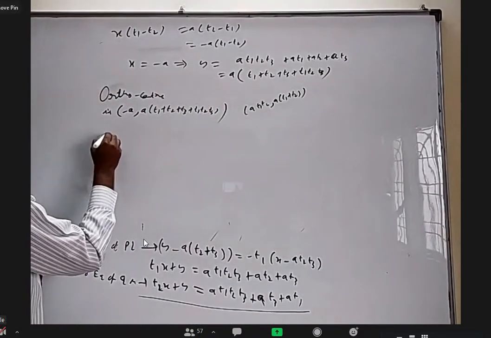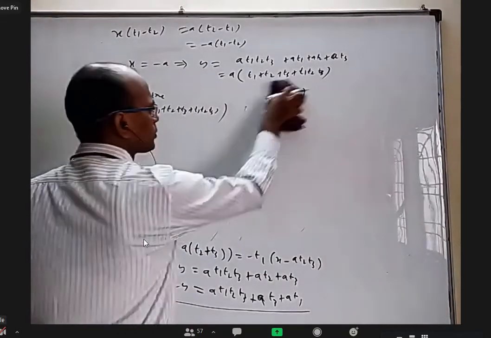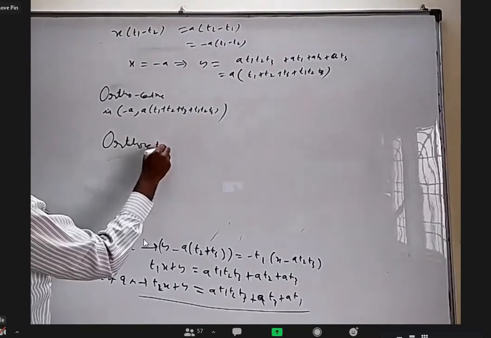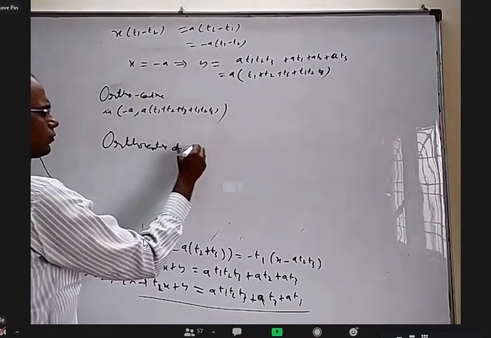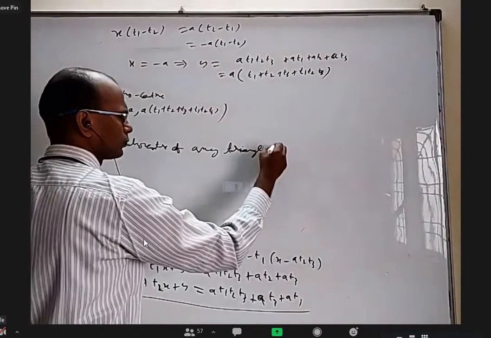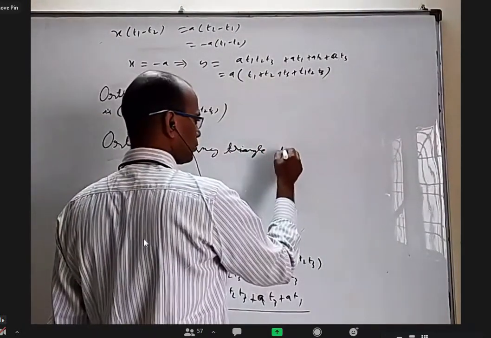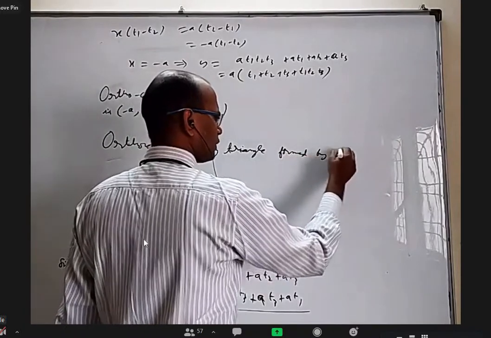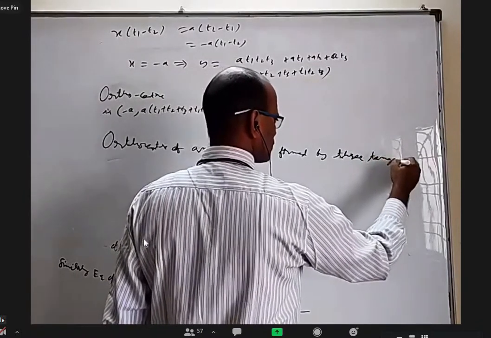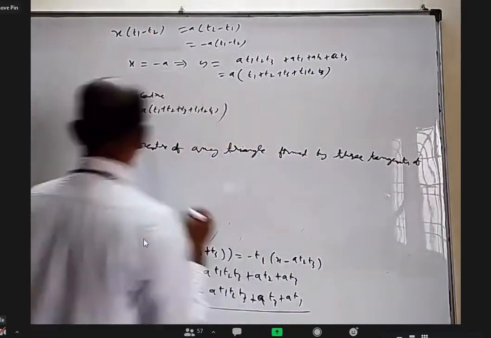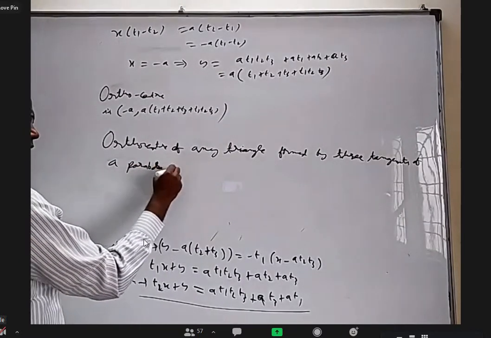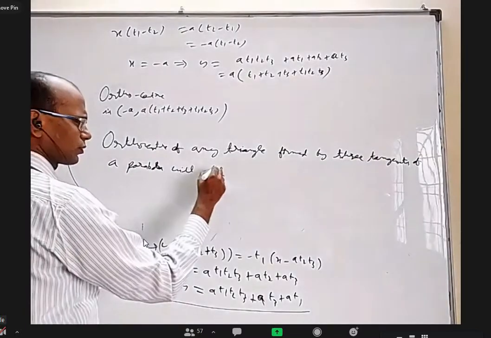Okay, so you can write this. Orthocenter of any triangle formed by three tangents of a parabola will always lie on the directrix.